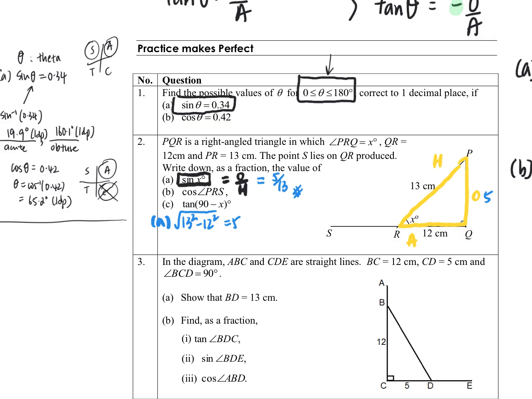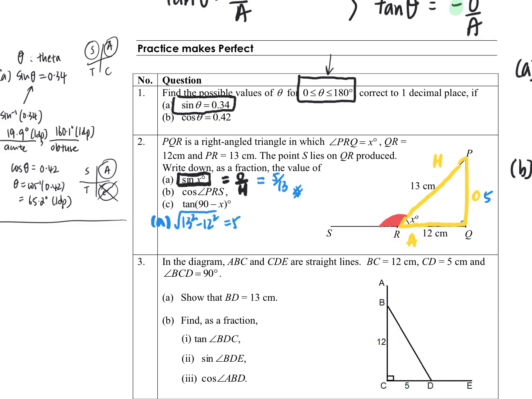Okay, part B is a bit different. I want to find cosine of the angle PRS. This is the obtuse angle. Remember when we were at the second quadrant, it is obtuse, you go into the second quadrant, but you still look at the acute triangle beside it, just that the ratio might differ a bit. Although it's this angle we are talking about, actually we are looking at this right angle triangle.